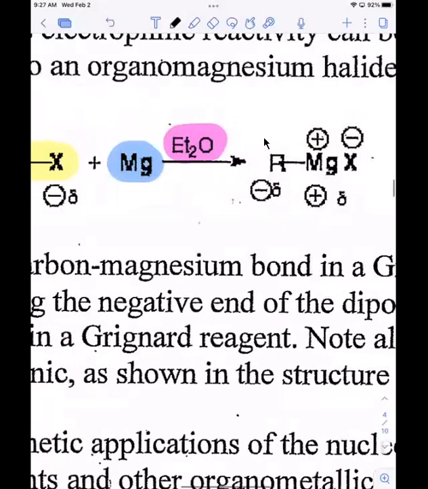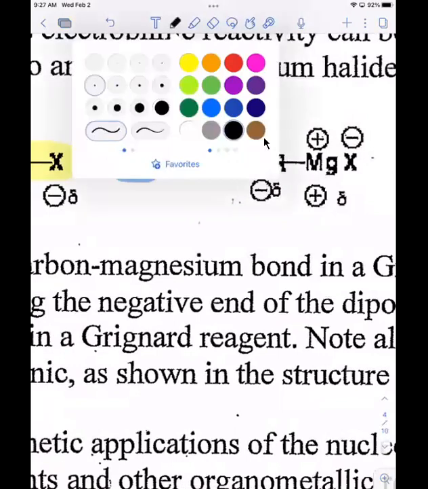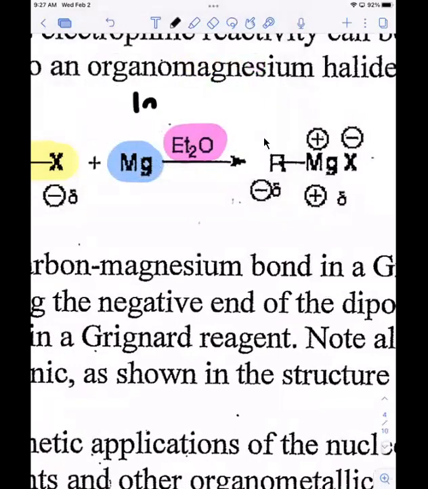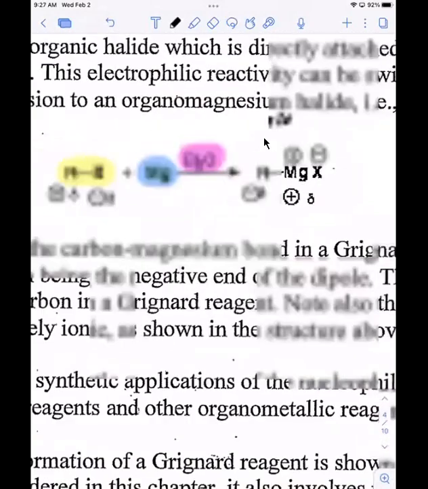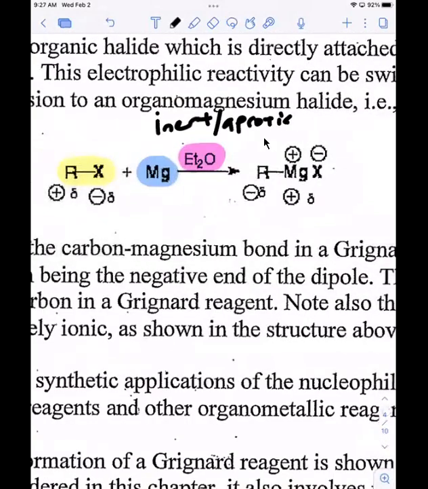You cannot have a proton source around your organometallic, because if you do, it's just going to do proton transfer with the solvent and it's done. It's a total, complete waste.